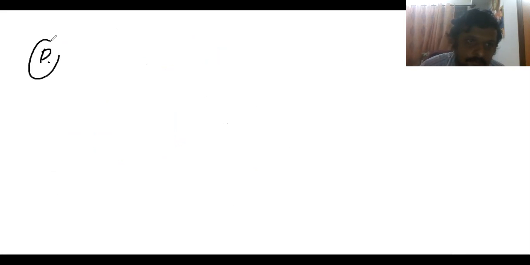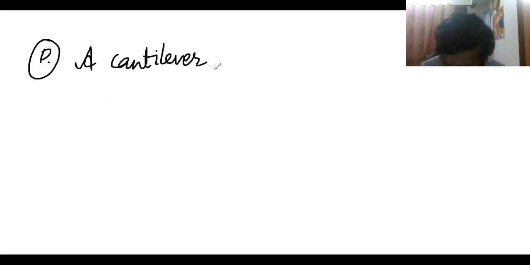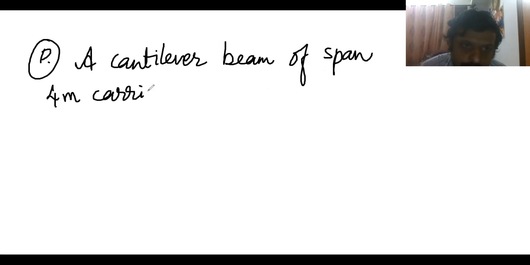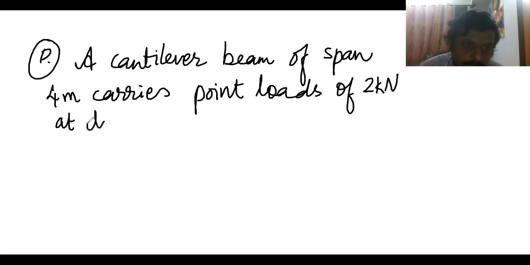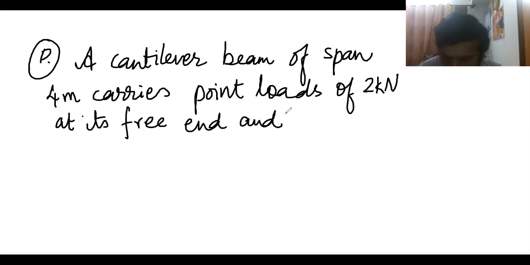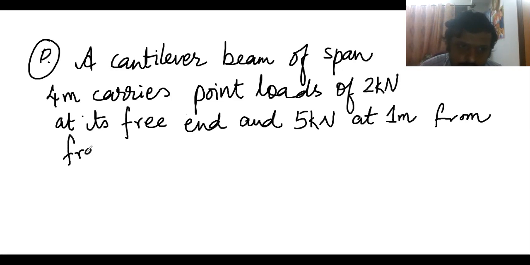So one more problem goes something like this. A cantilever beam of span 4 meter carries point loads of 2 kilonewton at its free end and 5 kilonewton at 1 meter from the free end.